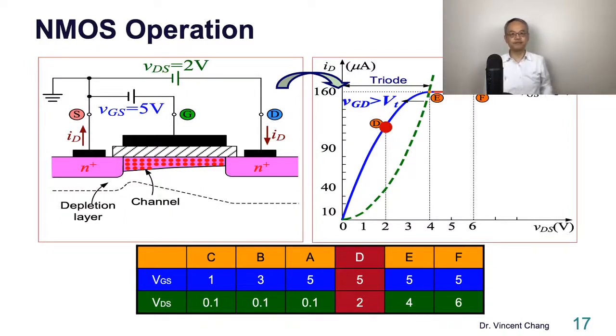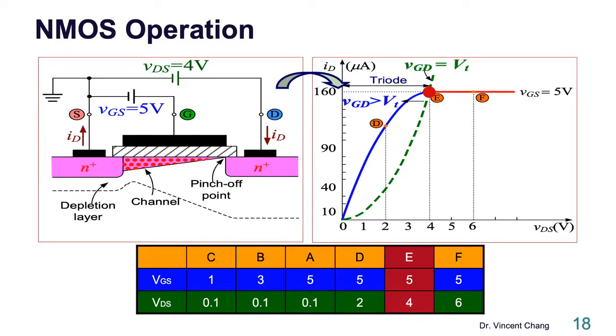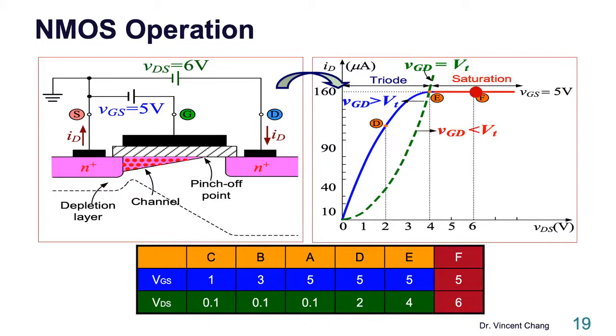Triode region. And then what? Then point E: VGD equals VT. 5 minus 4 equals 1. 1 equals 1, VGD equals VT. Boundary. And then saturation: VGD is 5 minus 6, negative 1, which is less than 1.